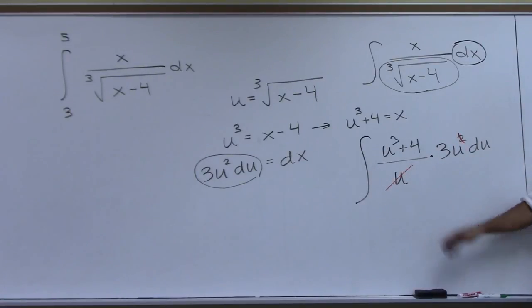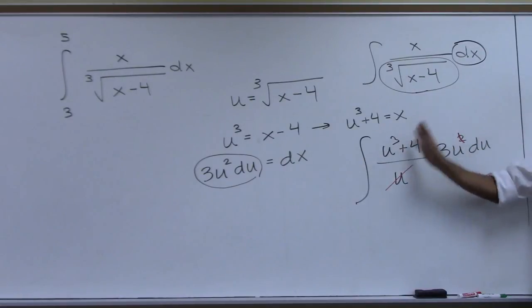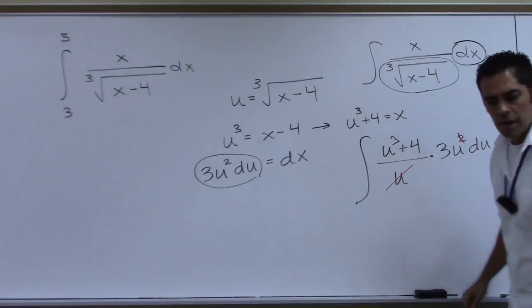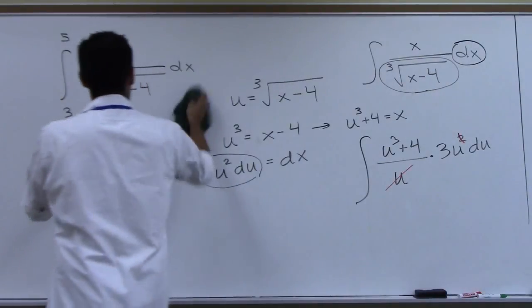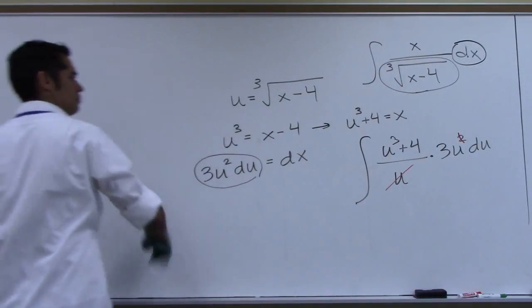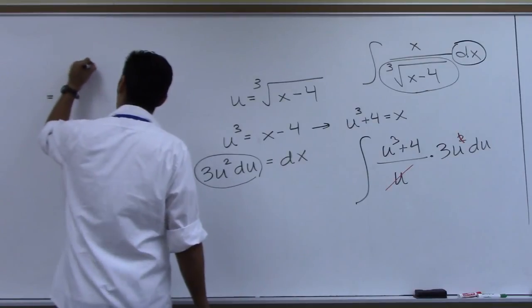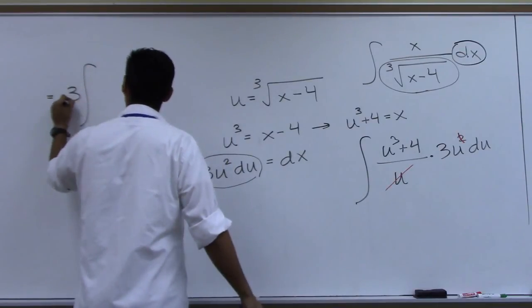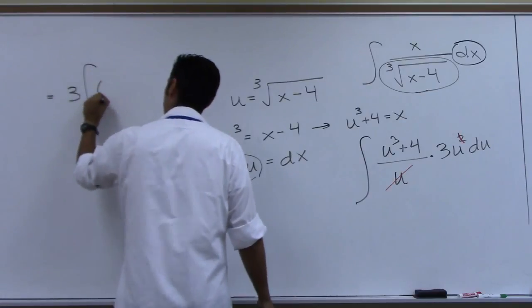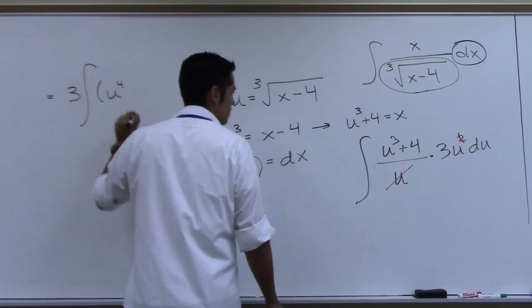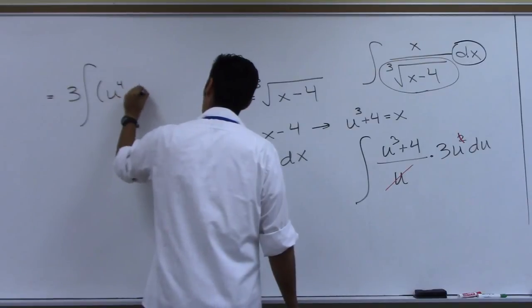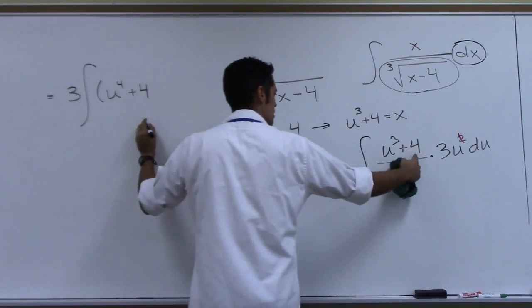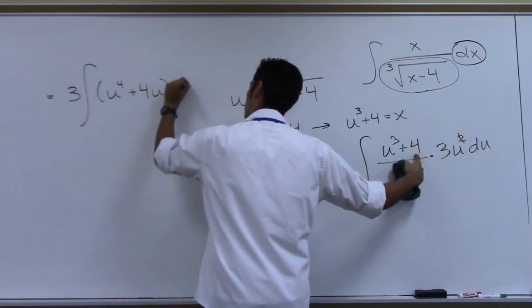And then all I have is u cubed plus 4 times 3u du. And I can distribute the 3u through, and I get what? You want me to pull the 3 all the way out? Okay, I'll pull the 3 all the way out. u to what power? 4th plus 4 times u du.